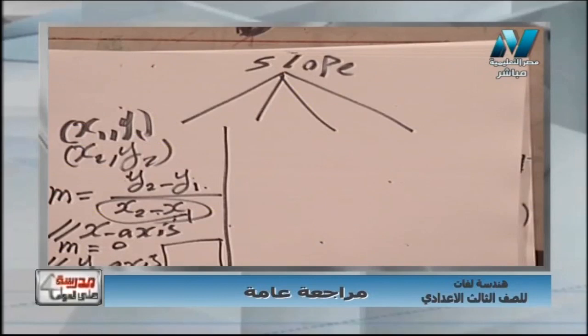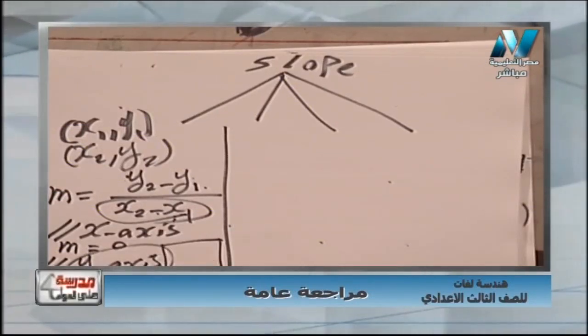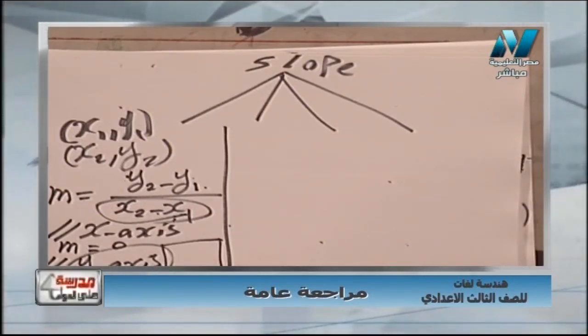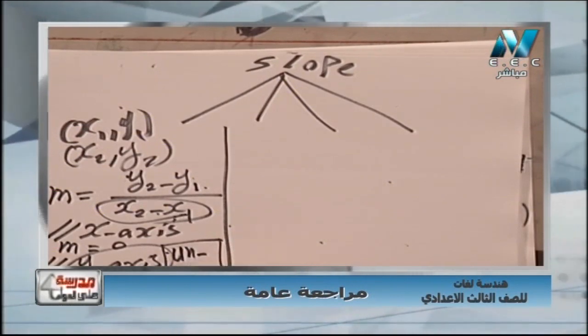The change of x is 0, and when we put 0 in the denominator, we get an undefined value. So a line parallel to the y-axis has an undefined slope.